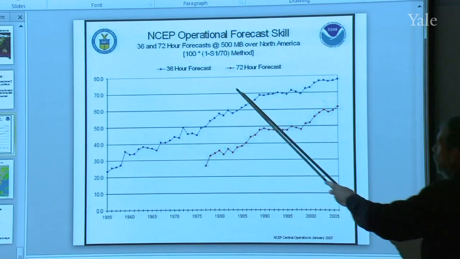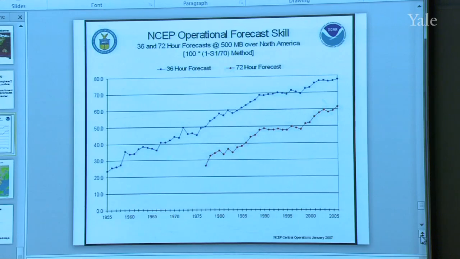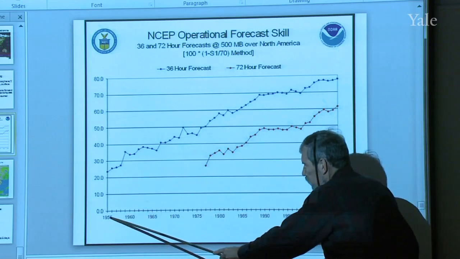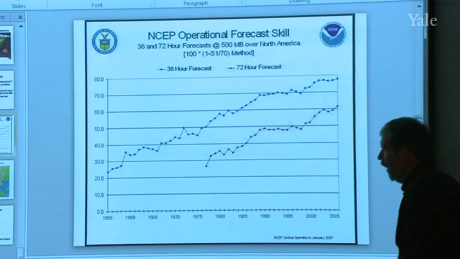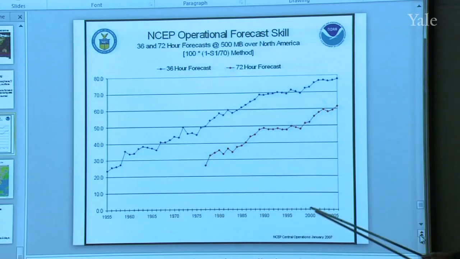This happens to be a forecast for the 500 millibar level. So it's not every aspect of the weather that's being presented here, just the shape of the isobaric patterns at 500 millibars.